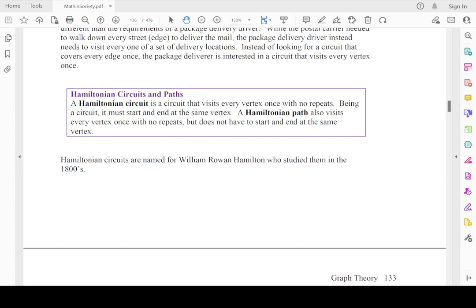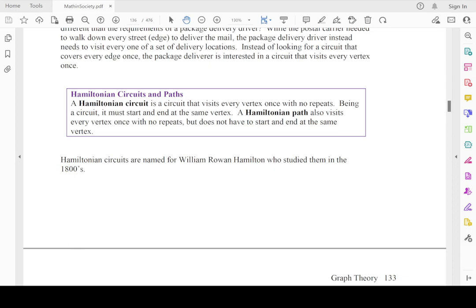same vertex. Now, you might ask, well, didn't we cover this already in Euler circuits and paths? Well, if you recall, in Euler circuits and Euler paths, we talked in terms of edges, where we visit every edge. But this is not what we're going to take a look at. Think of the difference when we talked about Euler circuits. We talked about a postman trying to deliver all his mail through every house.